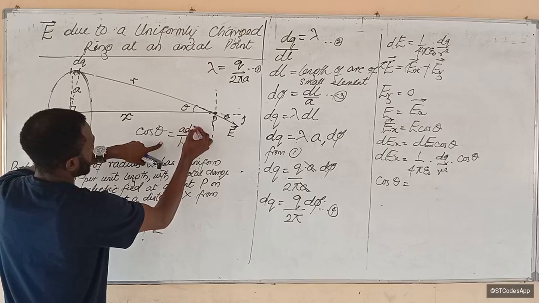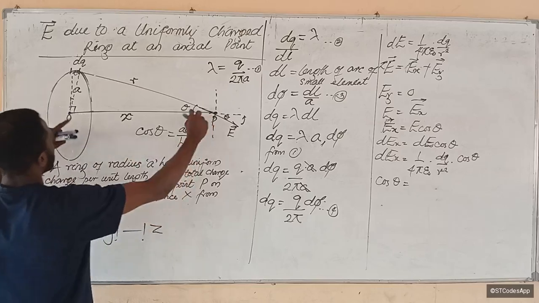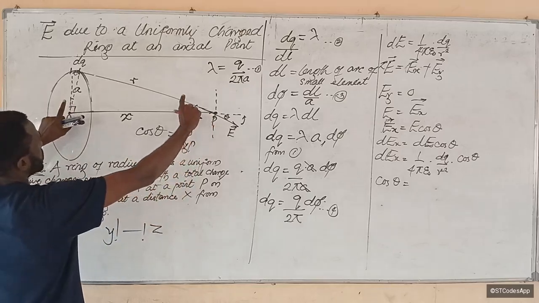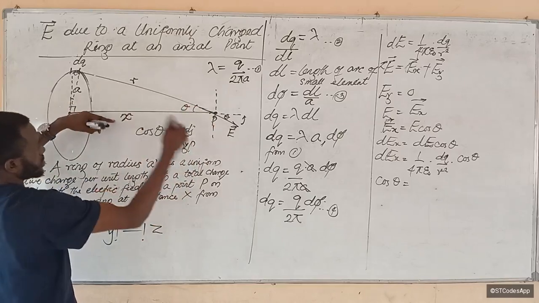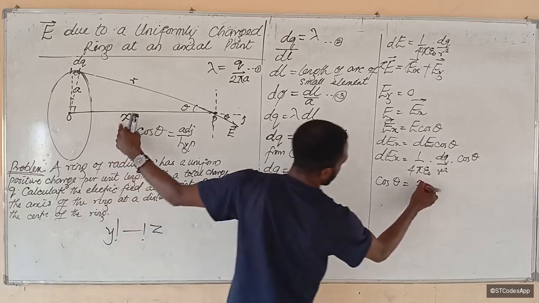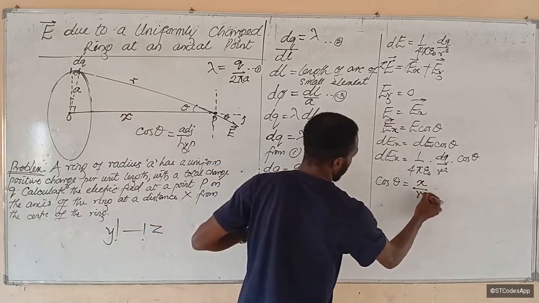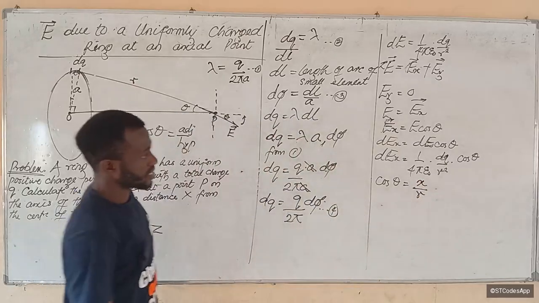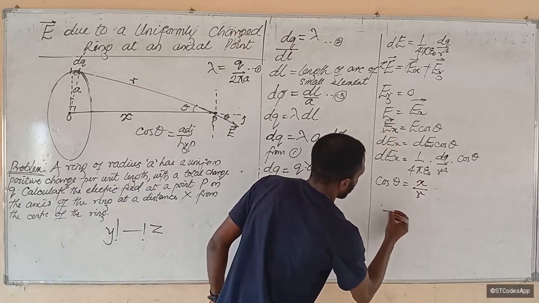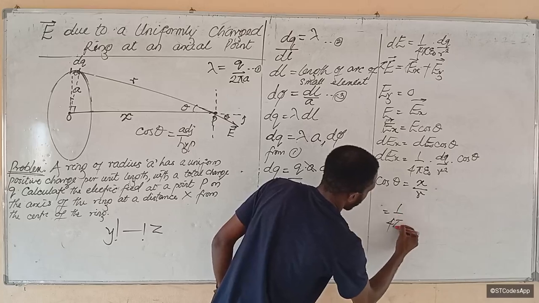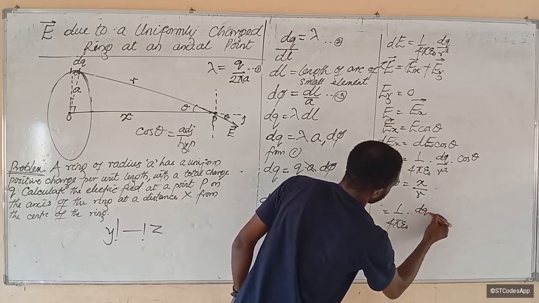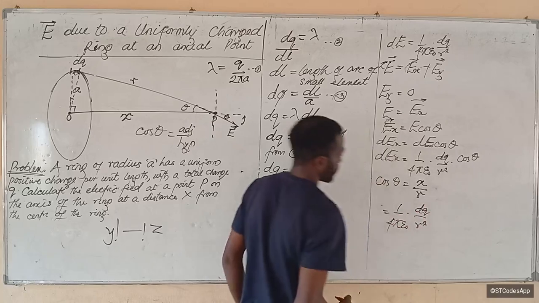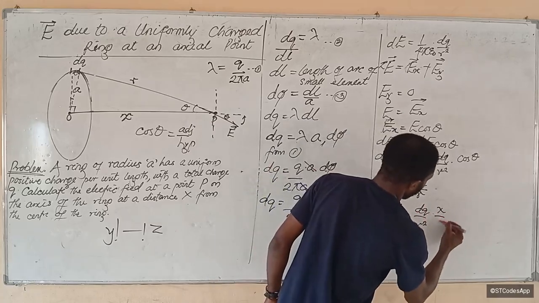And what is our adjacent here? Our adjacent will be here, x over hypotenuse r, okay? So if that's the case, then we have 1 over 4 pi epsilon naught dot dq over r squared dot x over r.